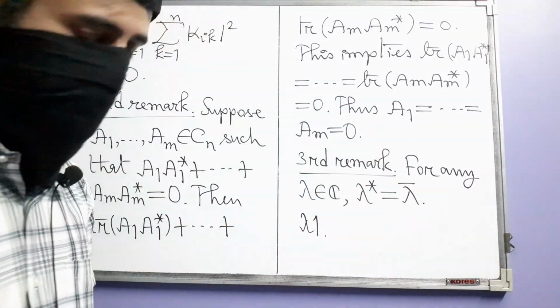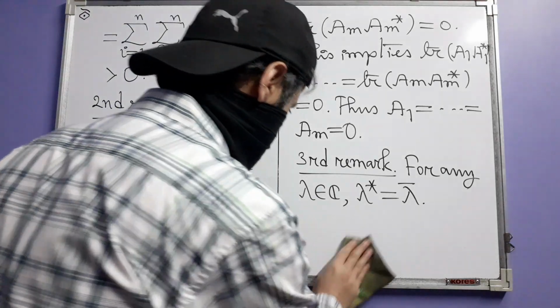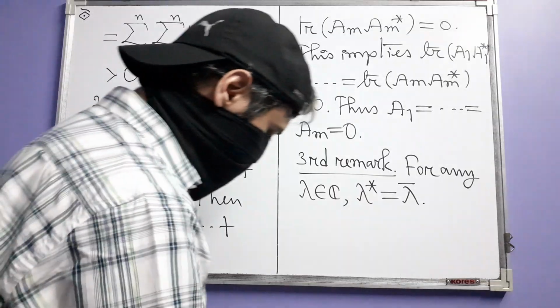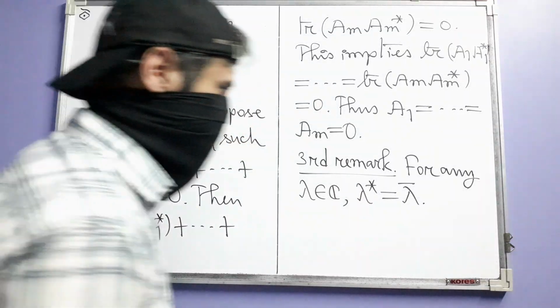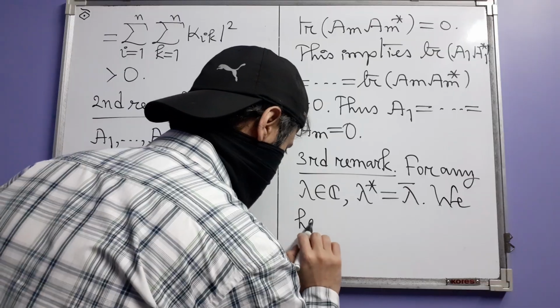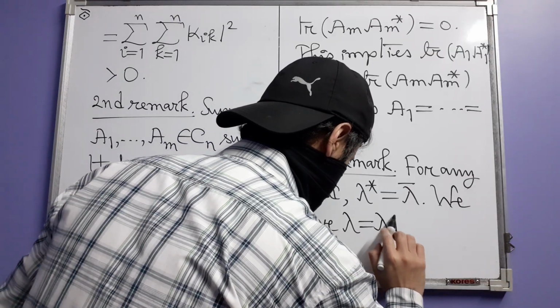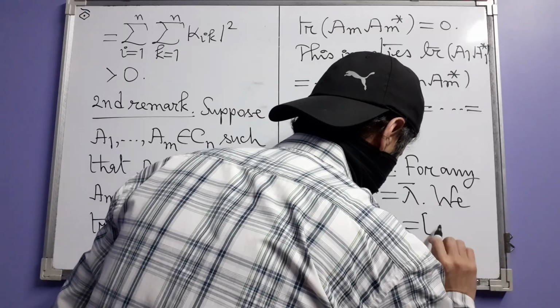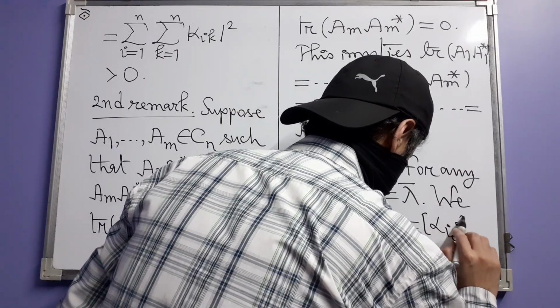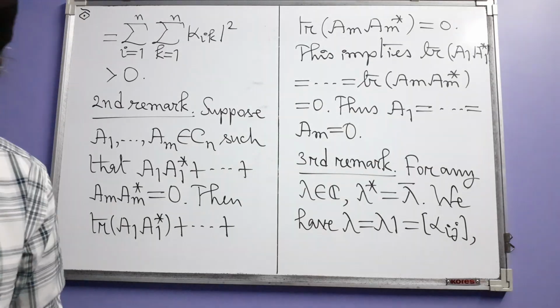Is it true? Let's see. We have lambda equal to lambda 1 equal to alpha ij, where if we write the entries, then it will become clear.